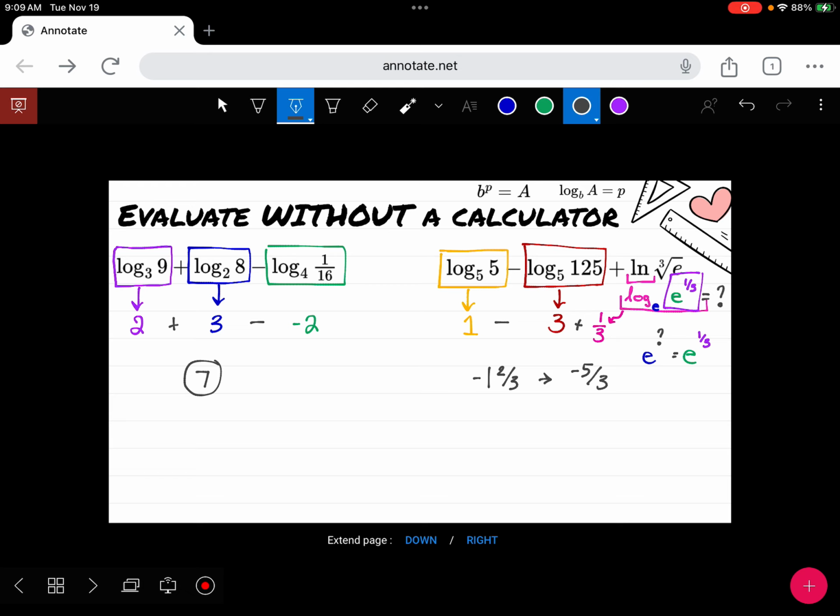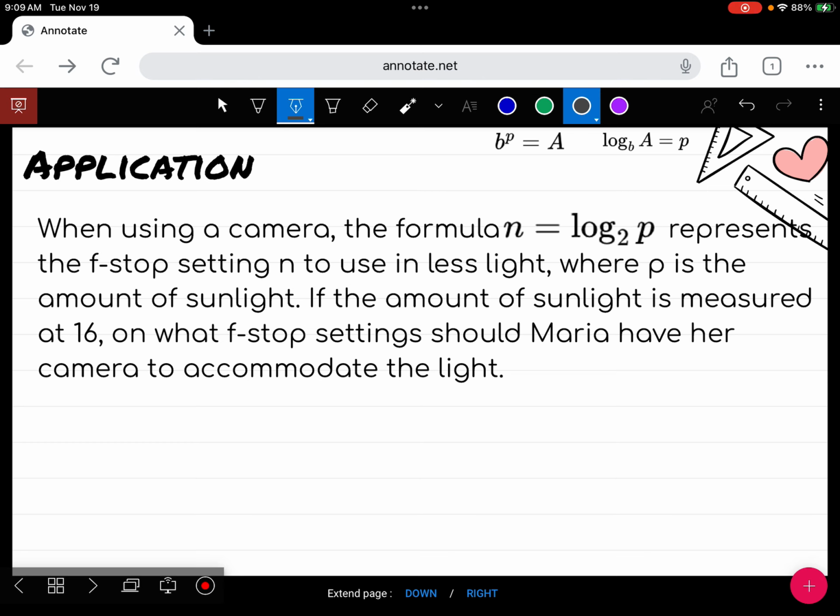Okay, so let's look at those two kind of story problems that we've got there. On that page, there's a lot of paragraph here. Theoretically, this is a real thing. I do not know enough about photography to know how accurate this is, but this is theoretically what that is.